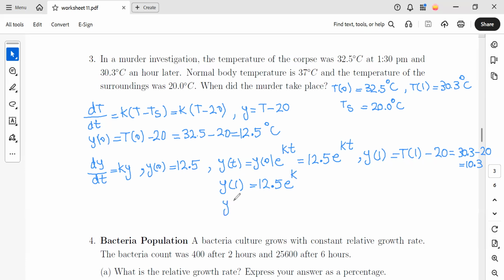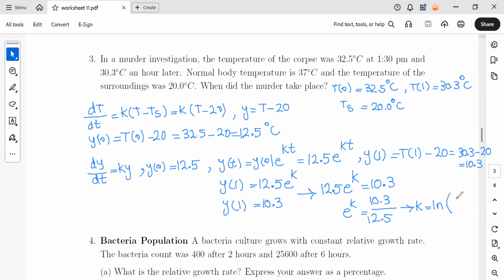And also using the information that we have from the question, y of 1 is 10.3. So left sides are the same. We would set right sides the same. So 12.5 e to the k is equal to 10.3. E to the k will be 10.3 divided by 12.5, and k will be ln of this fraction.